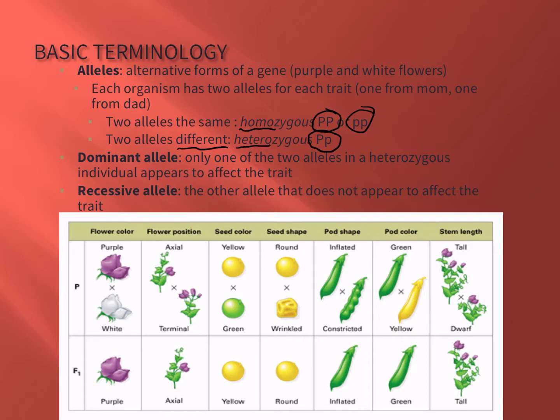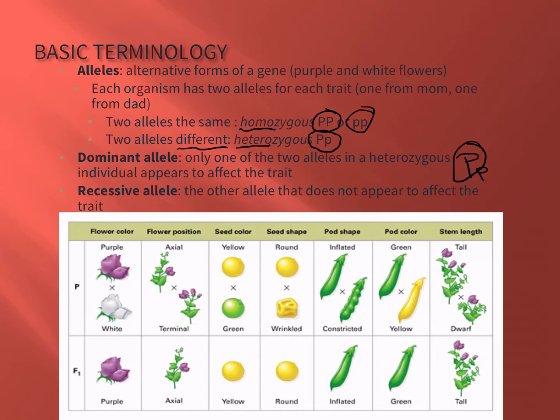So the dominant allele, okay, is the allele that is represented outwardly, even if you have one allele. Okay, so you only need one of the two alleles in a heterozygous individual, so like this. You only need one of those to be present to show that dominant allele outwardly.